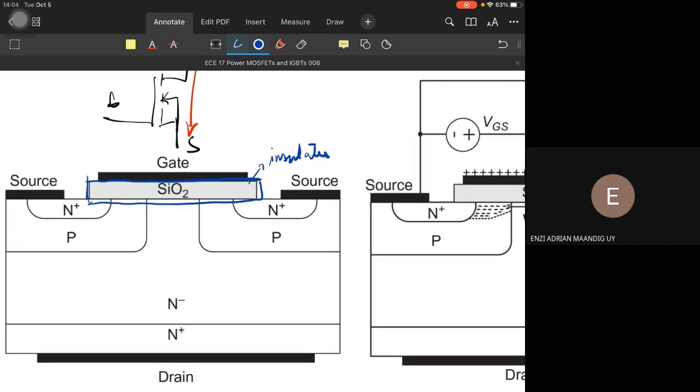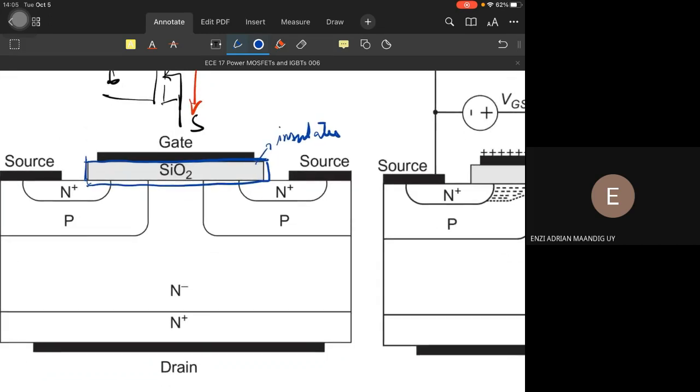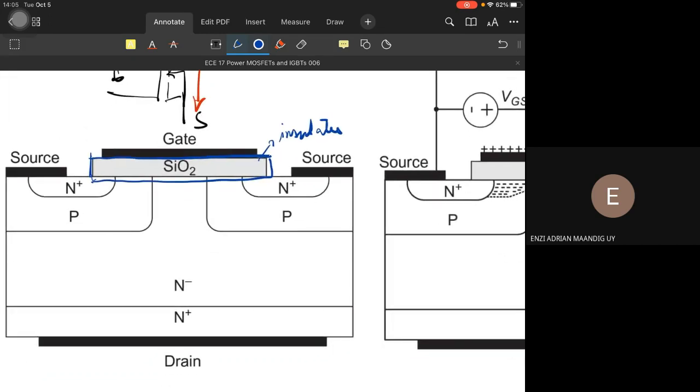So, one reason is that we only need a voltage source. We just apply a voltage source from the gate to the source. So it is illustrated in this image. Let me erase this.